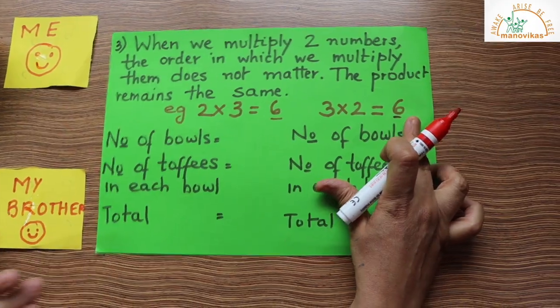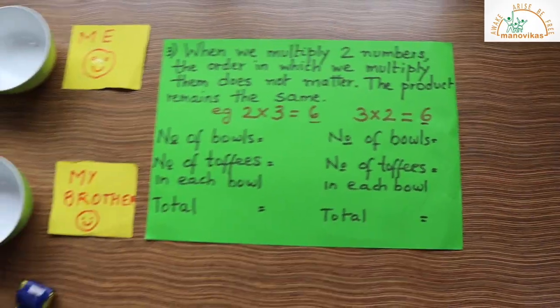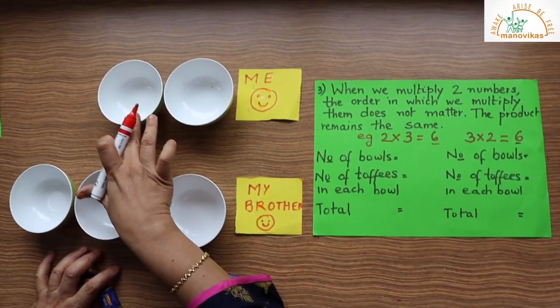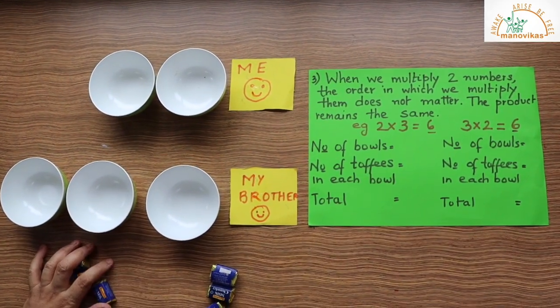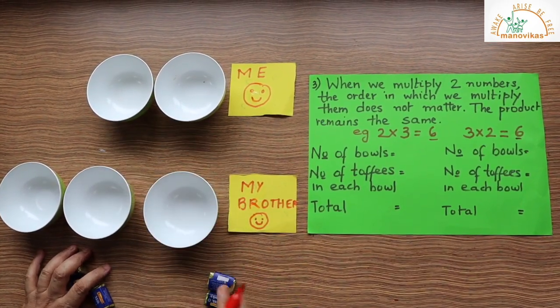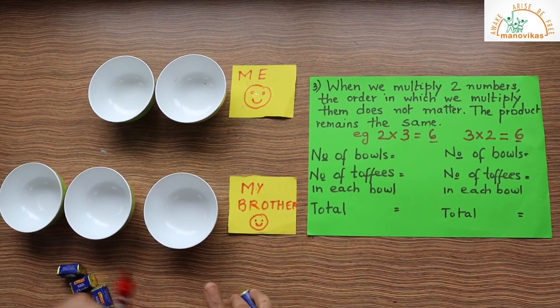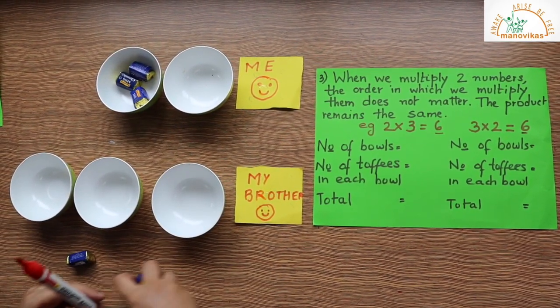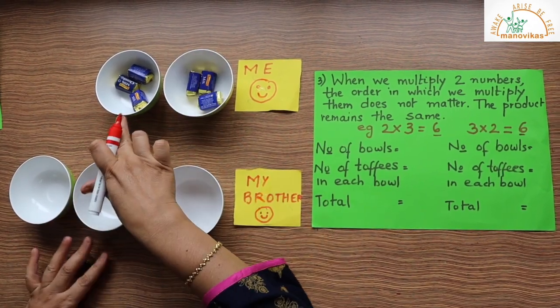To explain this, again I have an example. Let us compare the toffees that I have with that of my brother. I have 2 bowls and in each bowl I have 3 toffees. So see here, I have 2 bowls and in each bowl I have 3 toffees.